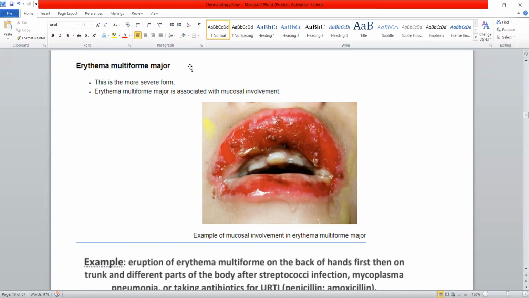The most common mucosa that is usually involved is the oral mucosa, and in about 90% of cases, erythema multiforme major is limited to the oral mucosa only.